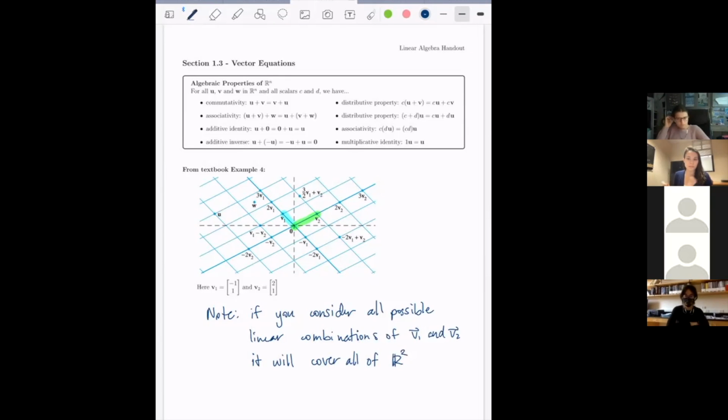Cool. So this brings us to a notion that is called the span.